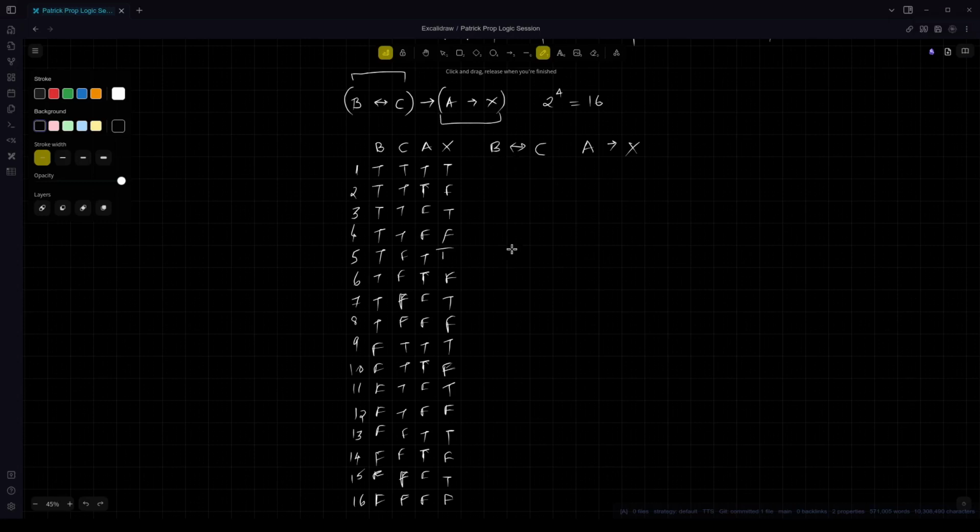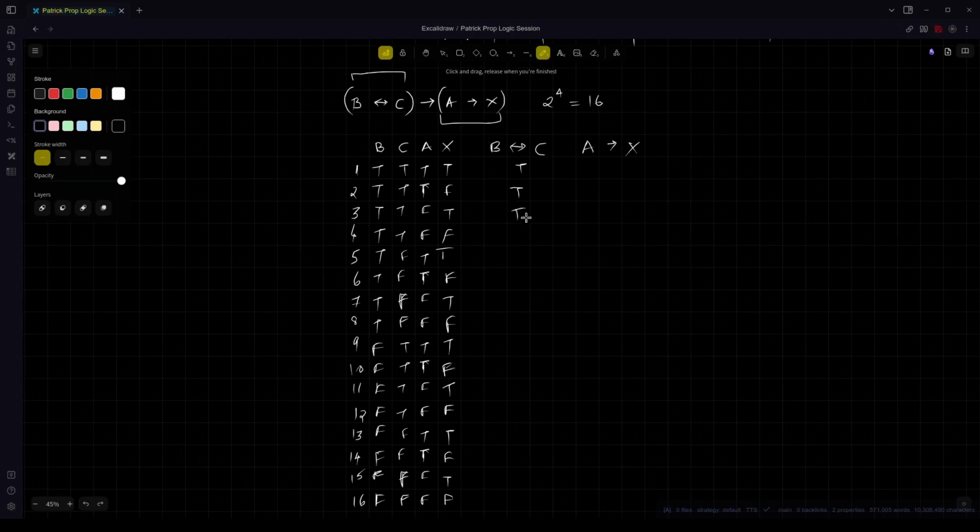So we'll do the biconditional table first, right? A biconditional is true when both sides have the same value. So we have T, F, T. Wait, why do we have F? It's true. Oh no, sorry, I was reading the wrong columns.